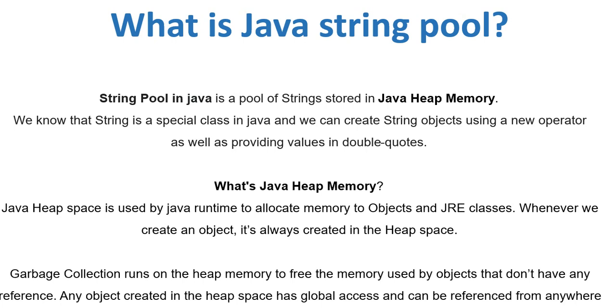Right, so what do you mean by that? We are saying whenever we create an object, it is stored in heap space. When that object is no longer in need, we need to clear the memory so that we are left with our free heap space. So garbage collection runs on heap memory.